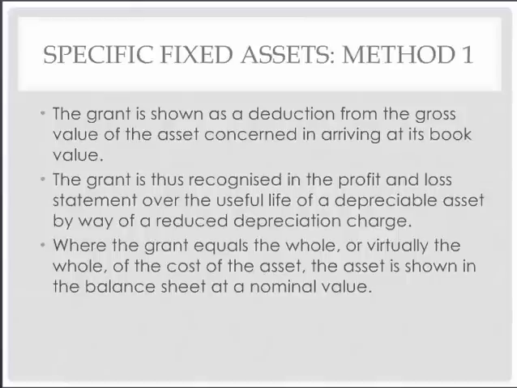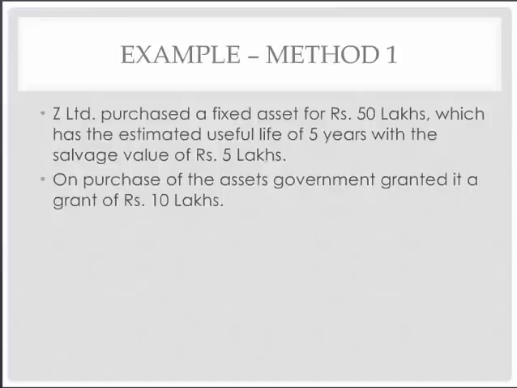Let us now move on to an example where we will understand how to apply method 1. Say Z Limited purchased a fixed asset for rupees 50 lakhs, which has an estimated useful life of 5 years with a salvage value of 5 lakhs, and say you are following the straight line method of depreciation.